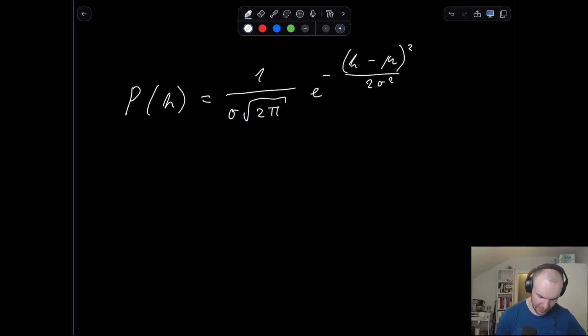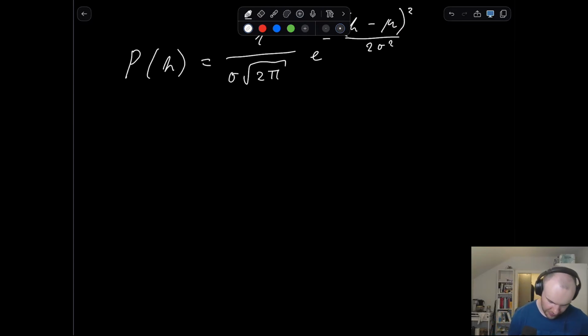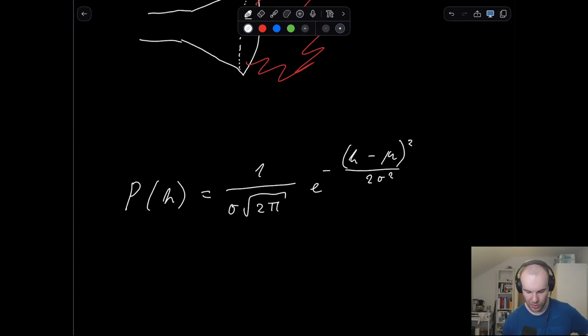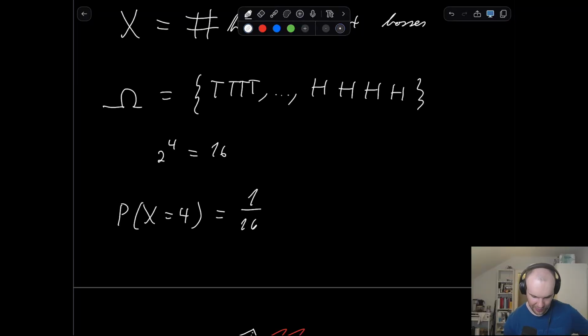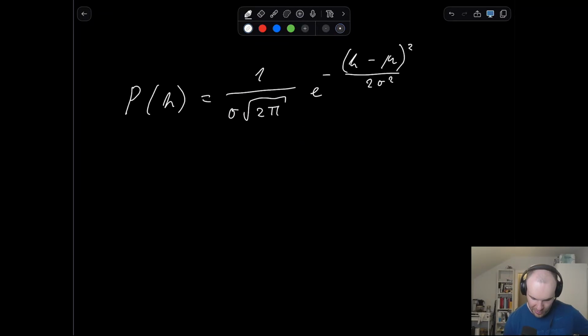Okay, so what does this function represent? It's actually a density function. The example I had here, these are discrete random variables, but the random variable of heights in Norway is actually continuous. It's not the same. So what do I mean by that?